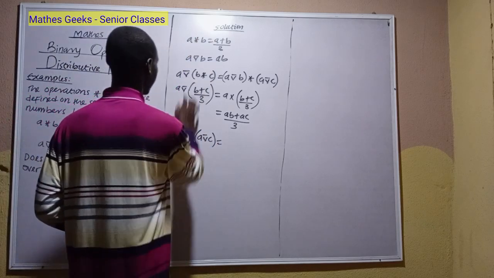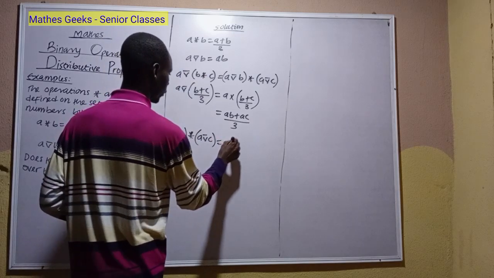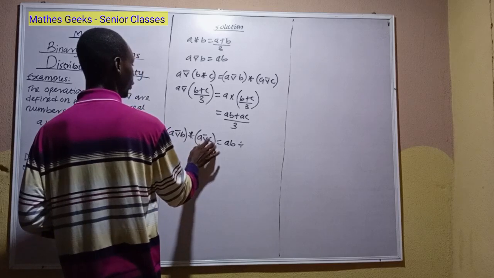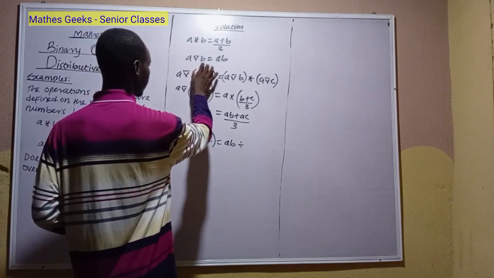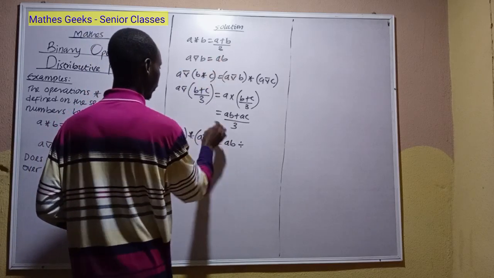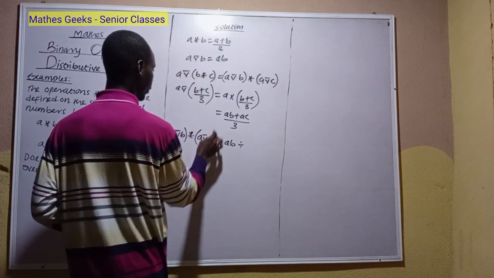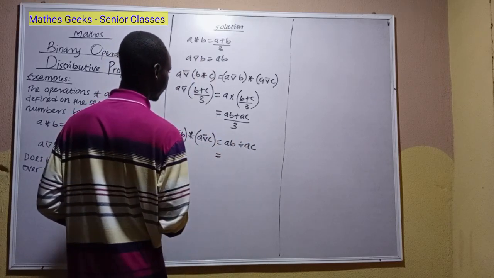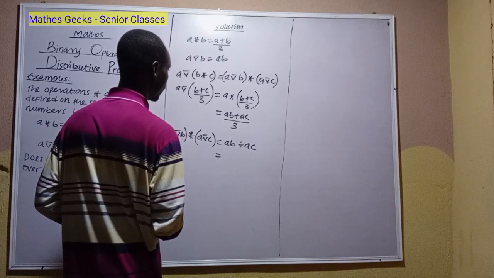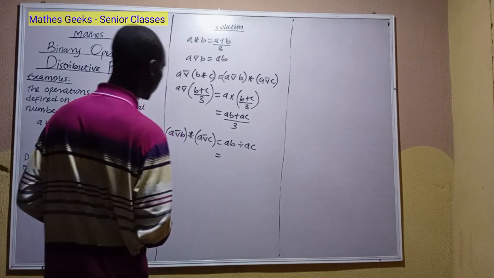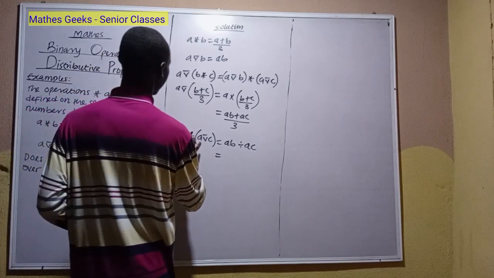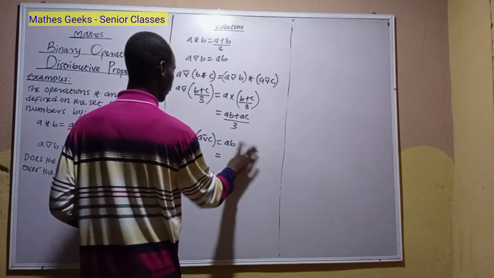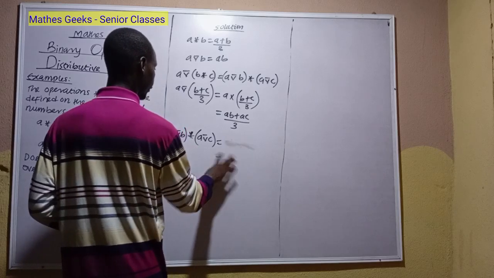So a ∇ b is ab, and a ∇ c, where a is a and b is replaced by c, is ac.